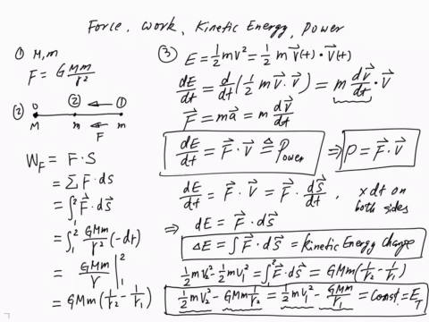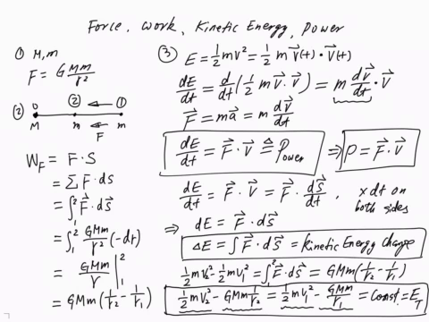What does it mean? This means that in the gravitational field, when objects are moving, for example in space, with two stars moving around each other, the kinetic energy plus the potential energy at any point in space is constant.